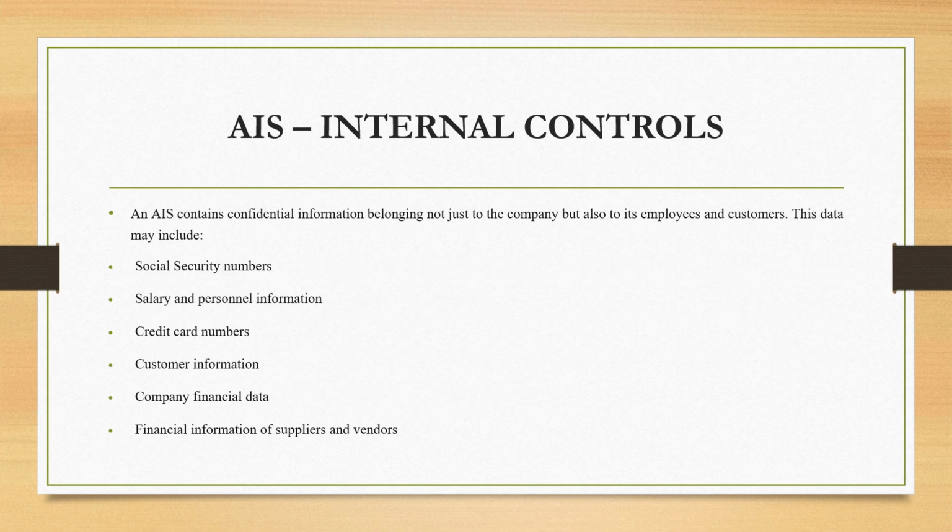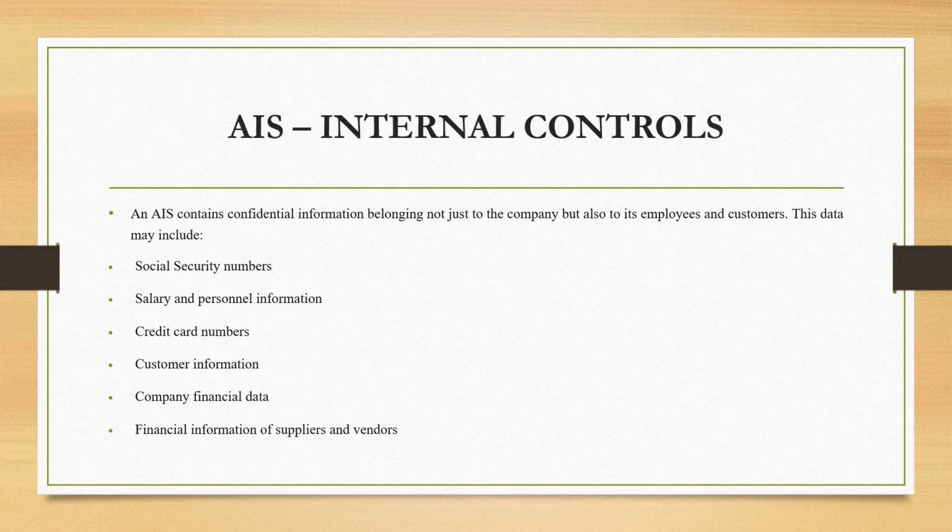So AIS internal controls will protect the confidential information, not only of the company but also of the employees working there and the customers using the business. So this information should be secured.